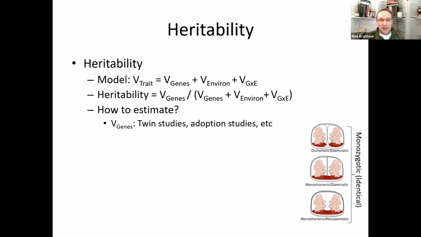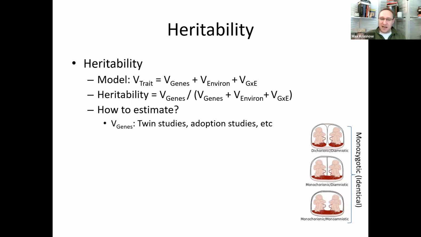And they can be mono or diamniotic. The amnion is the sac that surrounds the developing fetus. And so you could have identical twins that are sharing the same placenta or have different placentas. You can have identical twins that share the same sac or that have different sacs.